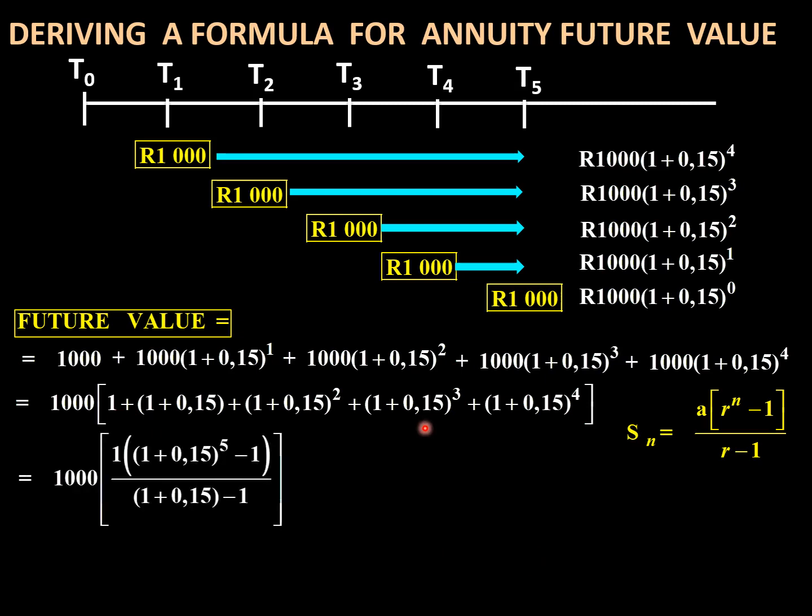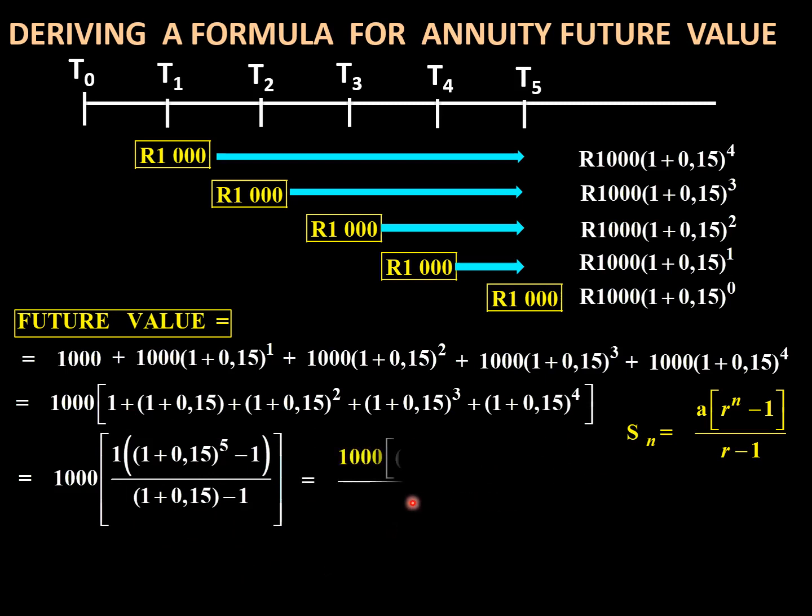So if we substitute, the A value is 1, the ratio is 1 plus 0.15, and the N value: there are 1, 2, 3, 4, 5 terms, right? And this will give us a formula for finding the future value of an annuity.